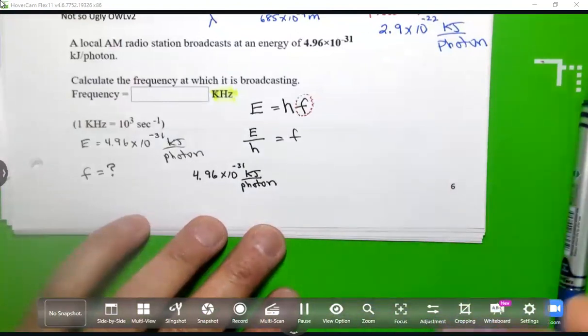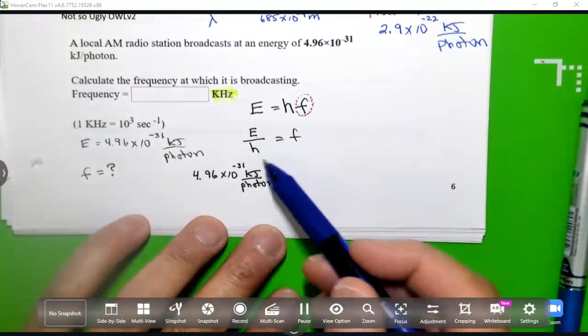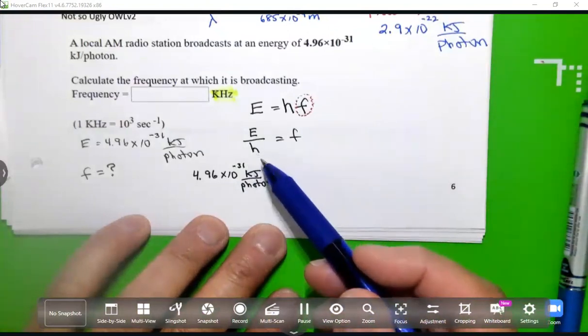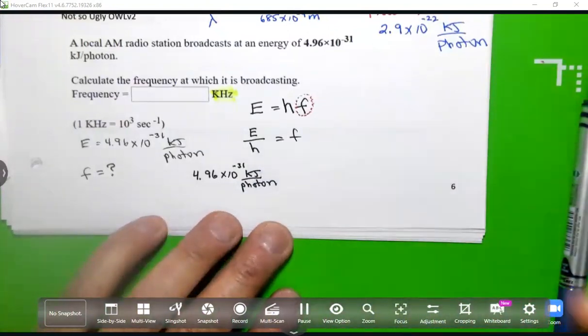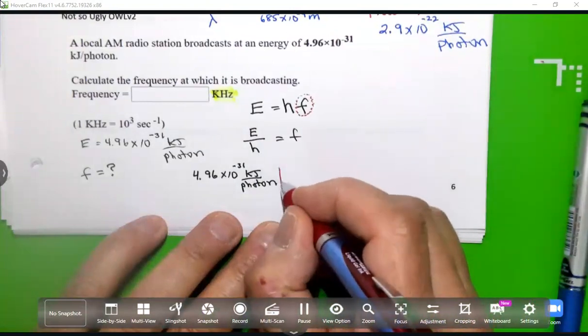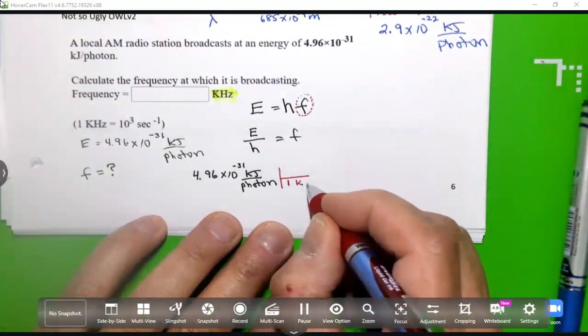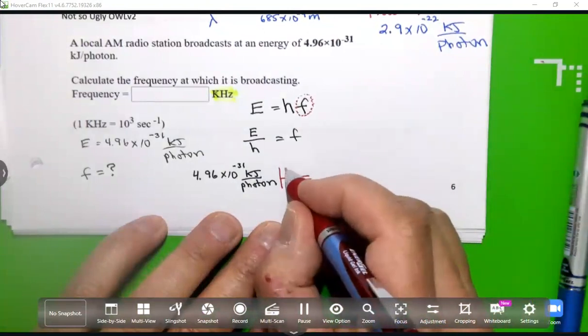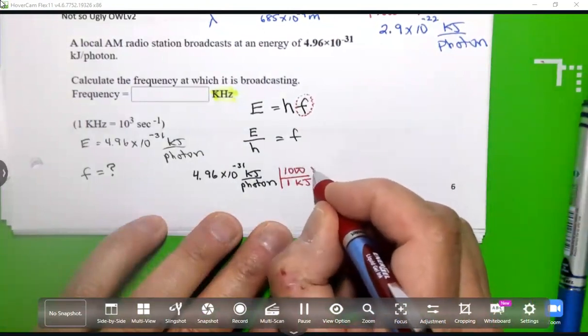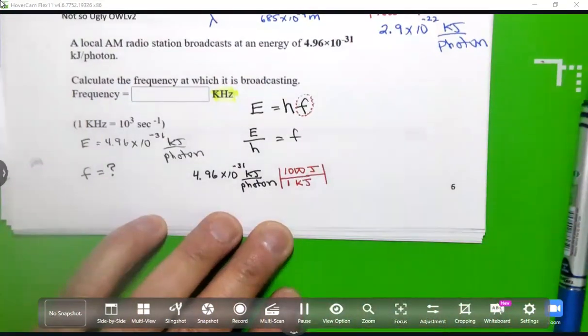Now, I know Planck's constant is in joules, so let's change this to joules. 1 kilojoule, 1,000 joules.